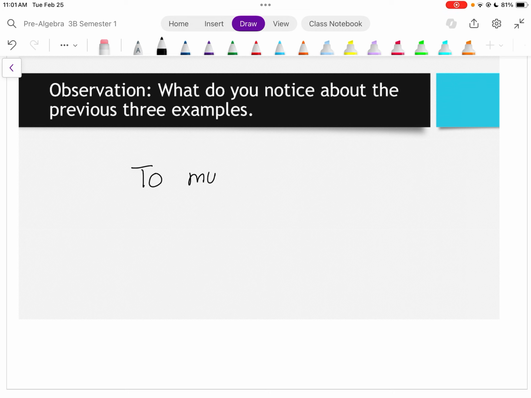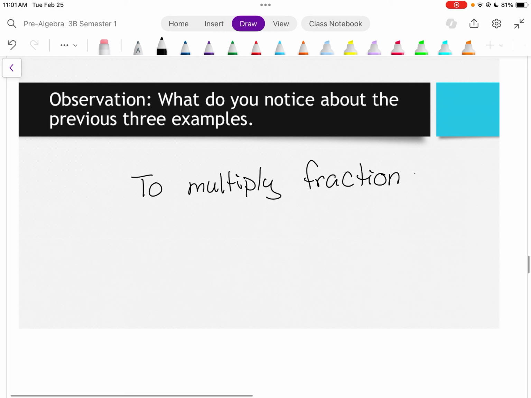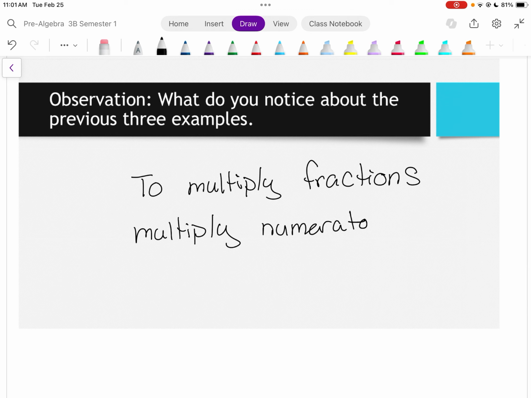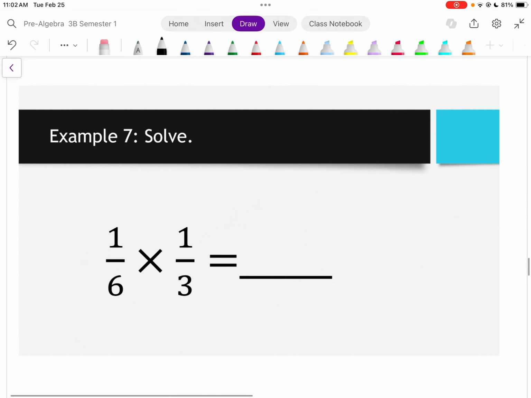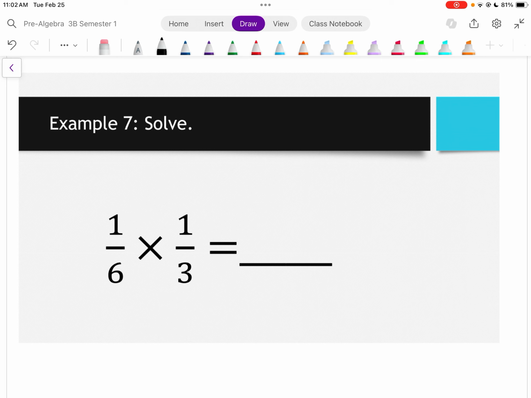So to multiply fractions, multiply numerators, then multiply denominators. All right, so we're going to use that to go through a few examples.